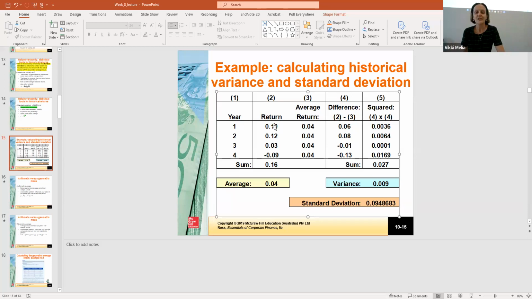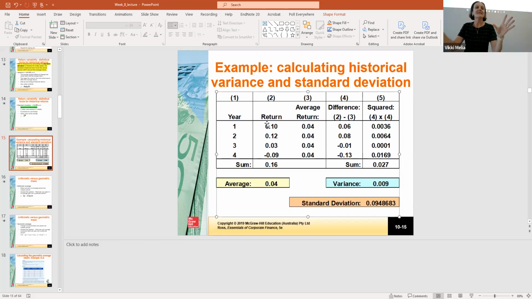In the second year, the actual return from the asset was 12%. In the third year, the actual return was 3%. And in the fourth year, the actual return was minus 9%. So the 4 pieces of data here in column 2, that's all that we had to start with. We've got an asset and we've got 4 years of actual returns for the asset.